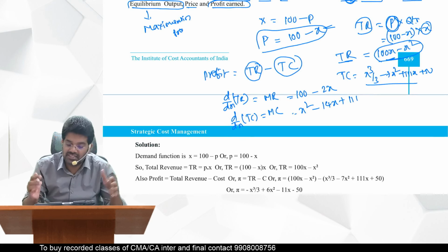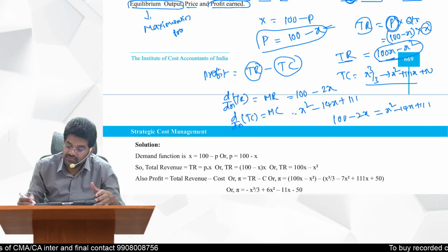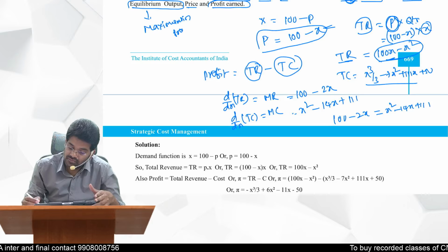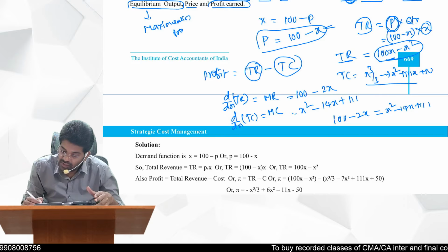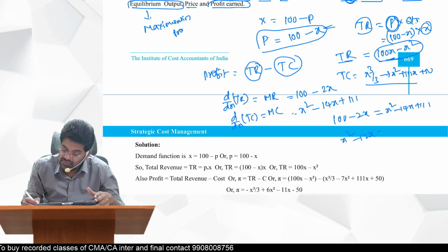Equate these two for x. So 100 minus 2x is equal to x square minus 14x plus 111. If it goes to that side, x square minus 14 comes to plus, so minus 12x plus 111 minus 100 is plus 11, equal to 0.